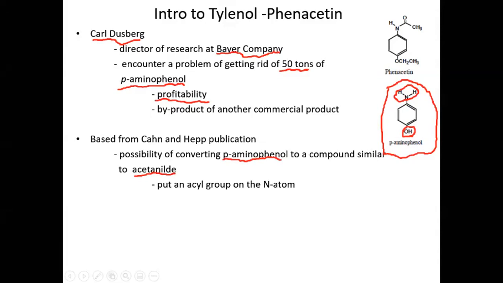So what he decided to do is take para-aminophenol and acetylate the nitrogen atom. So he's going to add something to the nitrogen atom to make it similar to acetanilide.